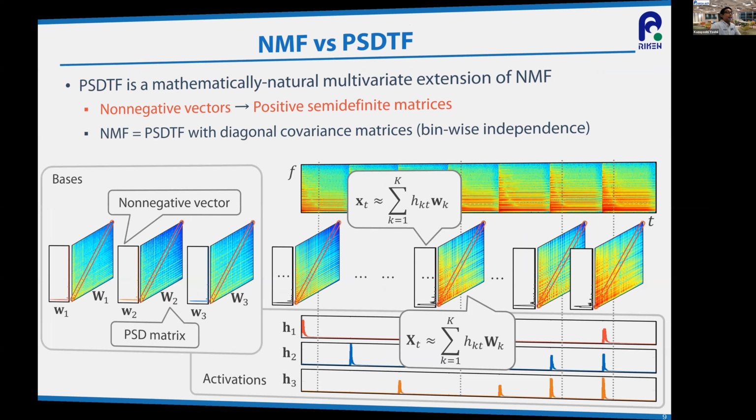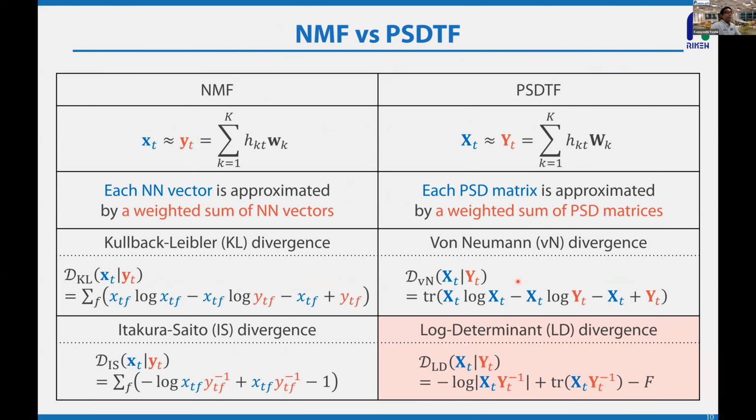This is the comparison in terms of mathematical modeling. In NMF, each non-negative vector is approximated by a weighted sum of non-negative vectors. On the other hand, in this extension, each positive semi-definite observation matrix is approximated by a weighted sum of positive semi-definite basis matrices.